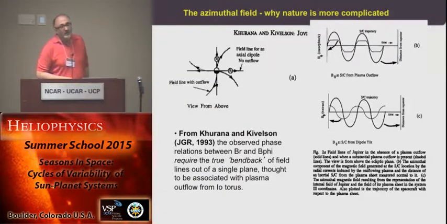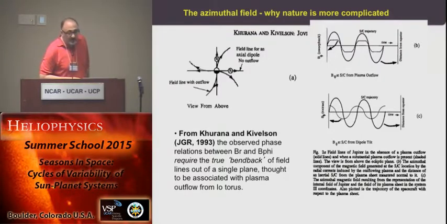Further work by Kivelson and Khurana showed that they looked at Voyager data and they did a very careful analysis of the phase relations of different field models, and they concluded that to get even better agreement with the observations, you need a field structure which has what's called true bend back of field lines.